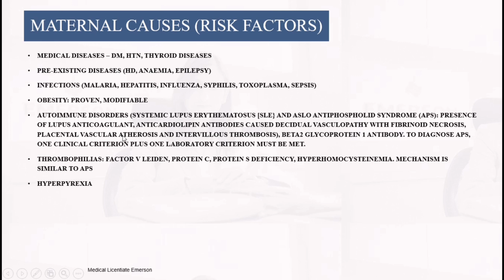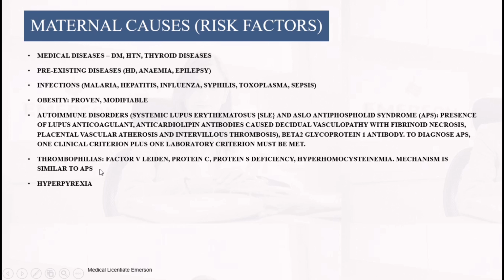We also have placental vesicular atherosclerosis and intervillous thrombosis, and beta 2 glycoprotein 1 antibody. This is just additional data for you to know: to diagnose APS, one clinical criterion plus one laboratory criterion should be met.